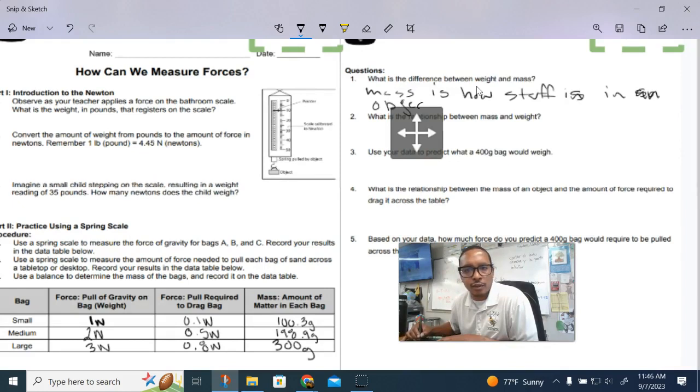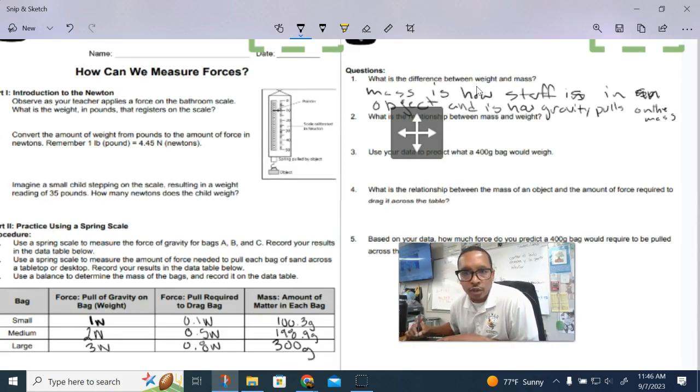By the way, I don't know why that big thing is in the middle right there. And weight is about how gravity pulls down on that stuff, or pulls down on the, we call it the mass. Okay, I'm going to squeeze that in right there.